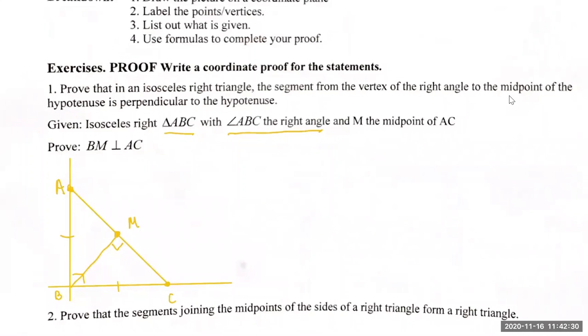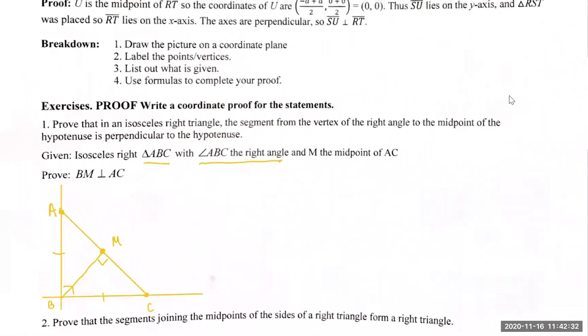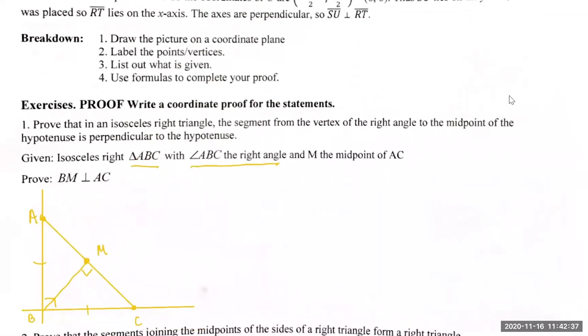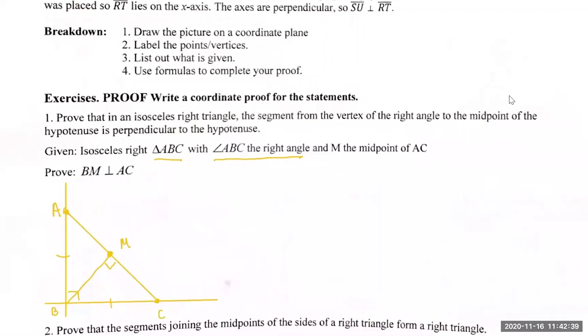So over on this side, so that we have the problem there as well, I'm going to write some of the formulas that you guys should know for this section from previous lessons. We're going to talk about the midpoint formula.